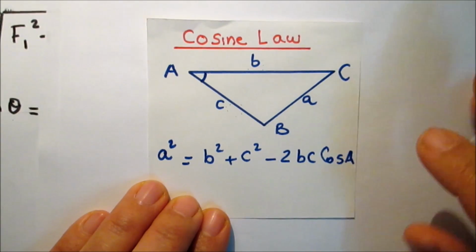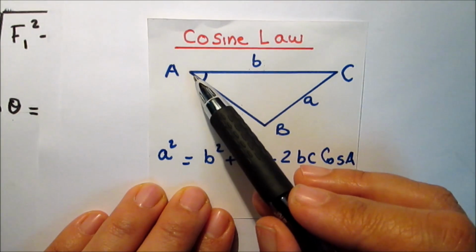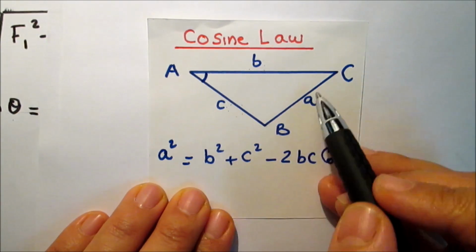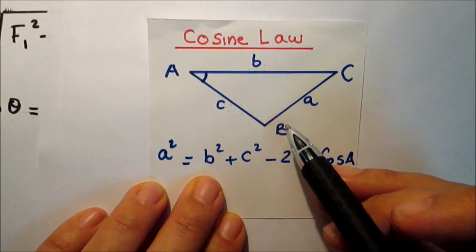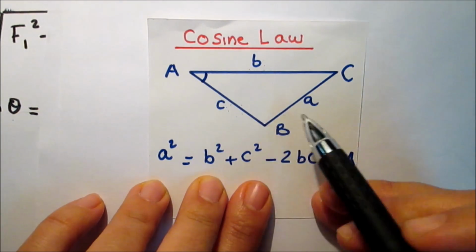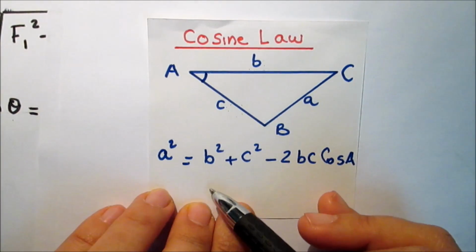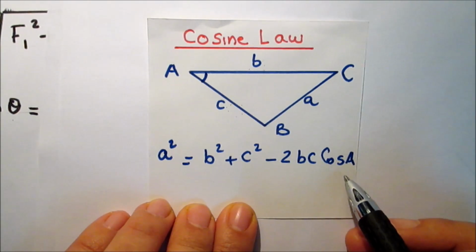Recall the cosine law to find the length of a side of a triangle in terms of the two other sides and the included angle. A squared equals B squared plus C squared minus 2BC times cosine of the included angle A.